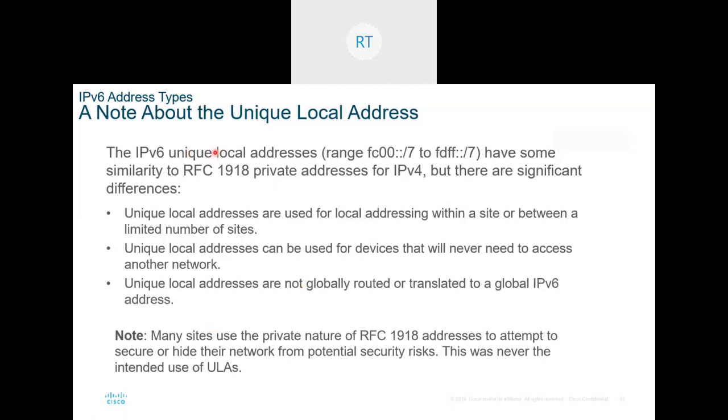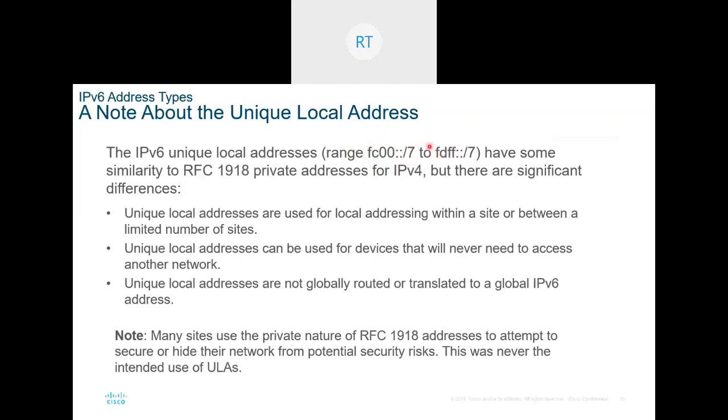Then there's also what is called a unique local address. A unique local address is what would be equivalent to private addresses. This is an address in this range that has this prefix. That's what is equivalent to a private address. However, these addresses are not needed, because you do not need private and public addresses, you do not need NAT in IP version 6.